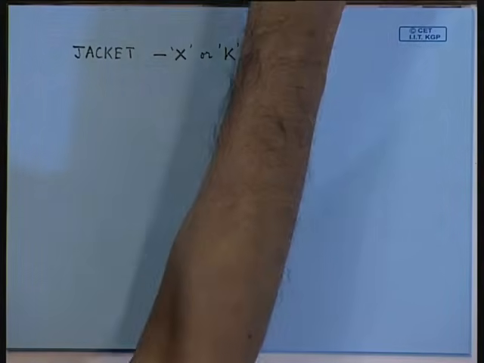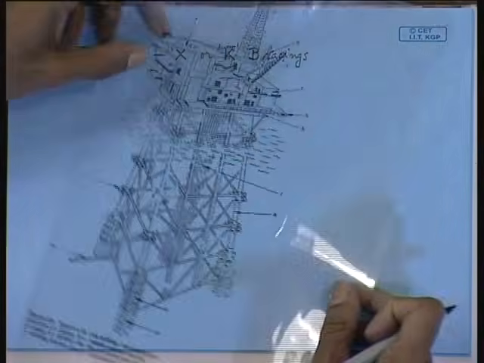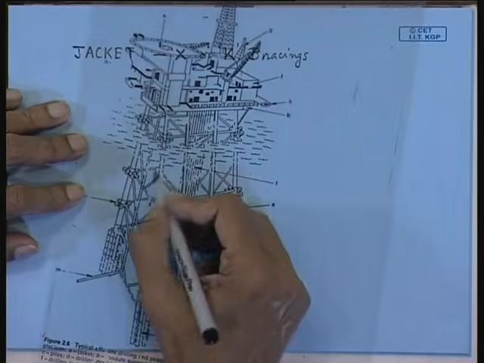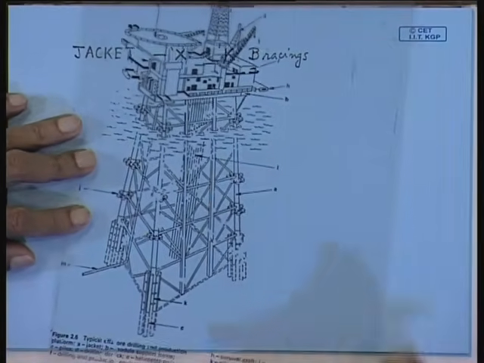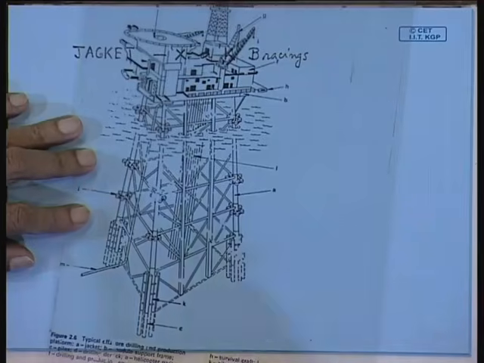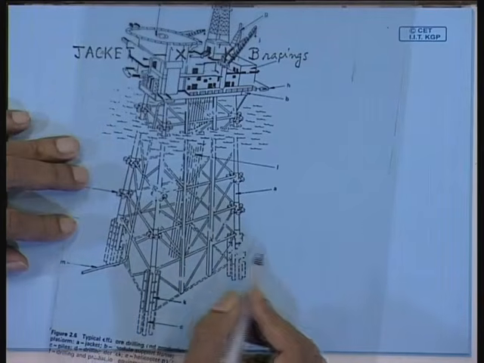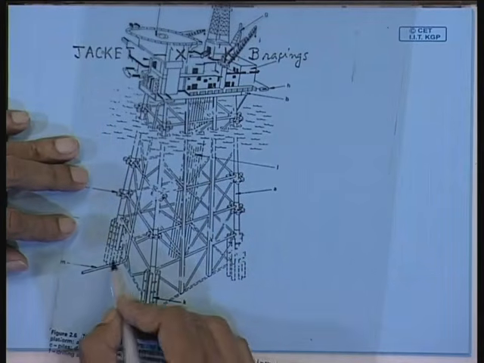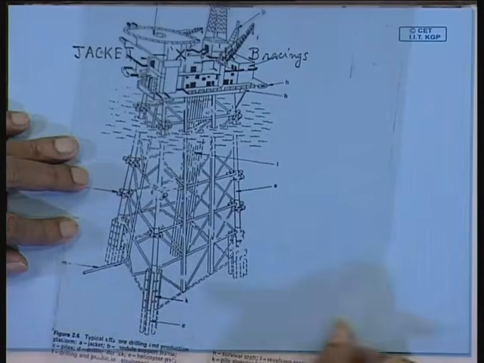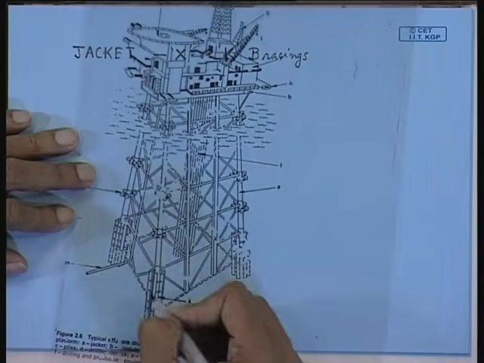Now these bracings have been designed after a lot of thought, such that there is no failure at the joints. So here you can see, now what has not been shown out here is at the base you will find a mud mat.